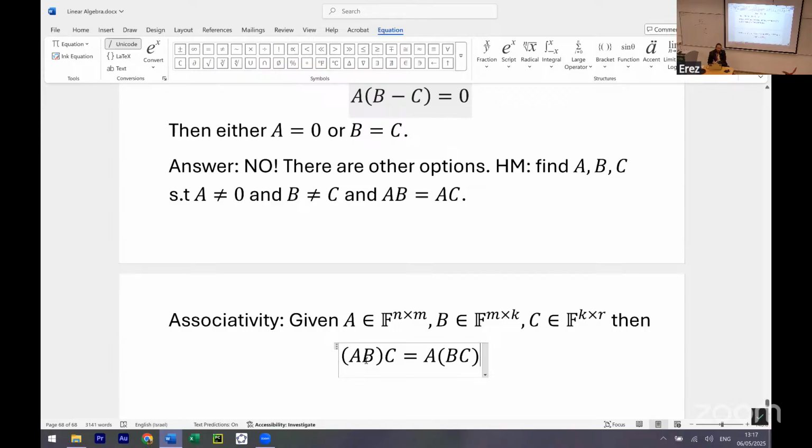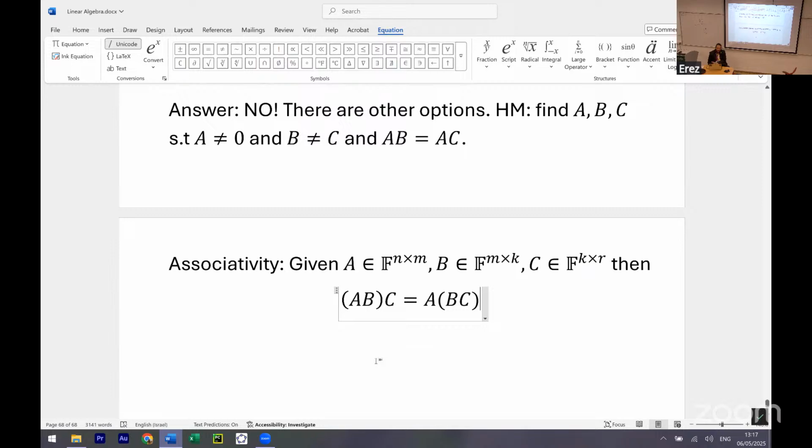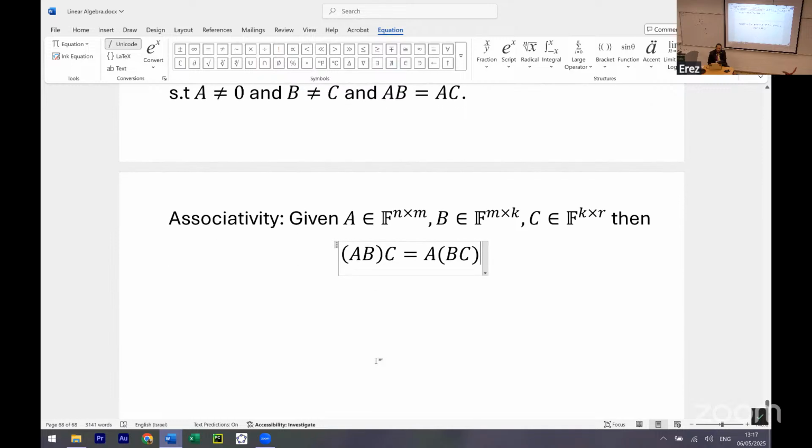Look at how different it is from the commutative law. I'm not changing the order between the matrices, I'm just changing the order at which I apply the multiplication. And that's actually true, and that's really important. Luckily it holds.